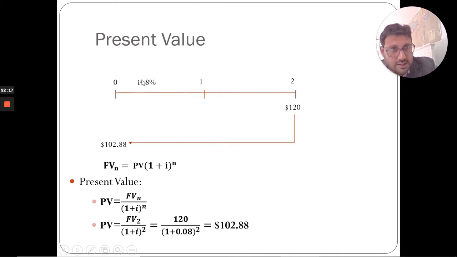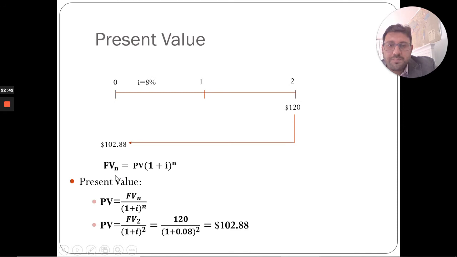So the question is very obvious here: what should be the present value of the cash flow which you need to deposit today, so that you end up getting $120 after 2 years at 8% interest? In other words, we want to find the present value of this $120.